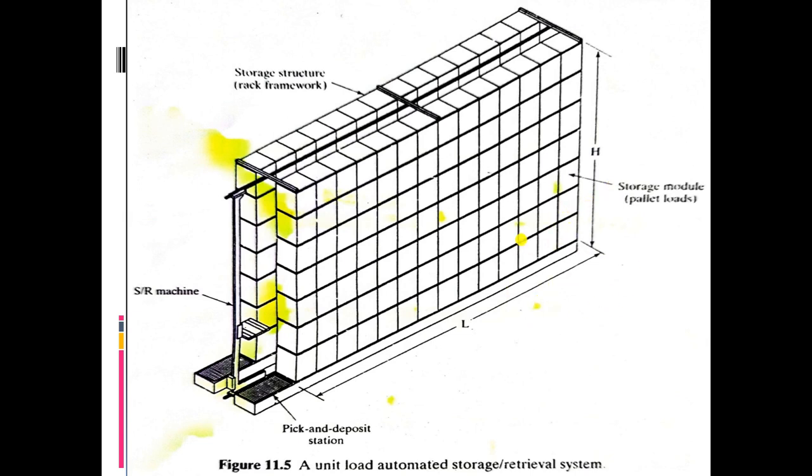You can see the pick and deposit station here. Also, you can see the storage and retrieval machine. This is a vertical bar or rod, and this is one pallet type structure that will be used to retrieve or store the unit load.